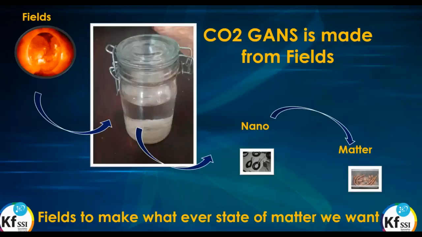So even the simple process of creating the CO2 is using and interacting with the fields around us that we just don't see. So even on the simple process we've begun. And then from our CO2, we can start the process to create the matter that we would eventually want.